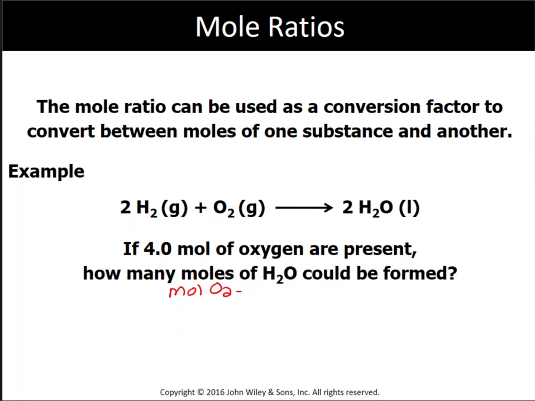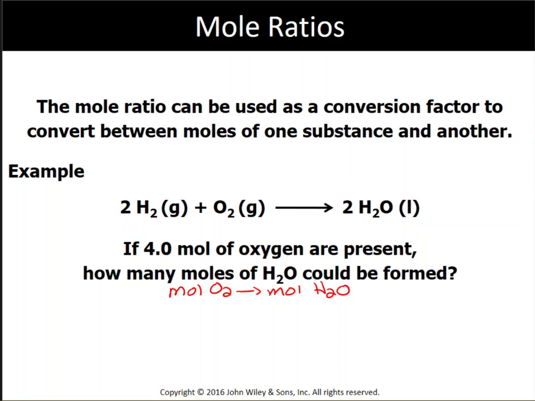Now from moles of one compound, which is O2, I want to convert to a different compound, H2O. Remember that whenever you go from one compound to a different type, you have to use the mole-to-mole ratio. There is no other way of converting in between two different compounds.